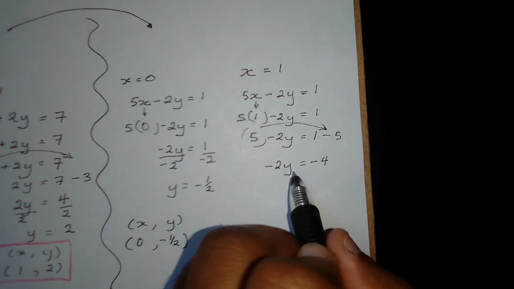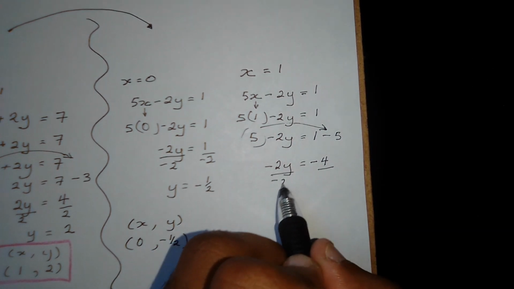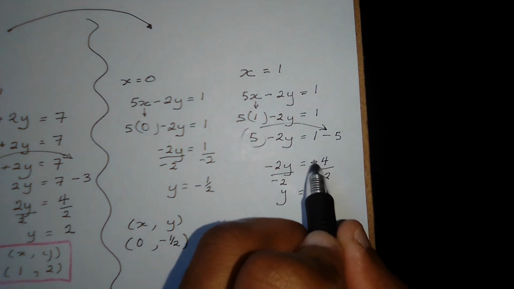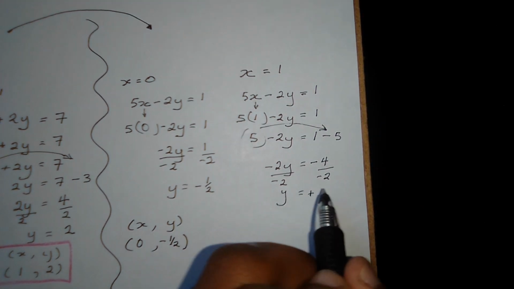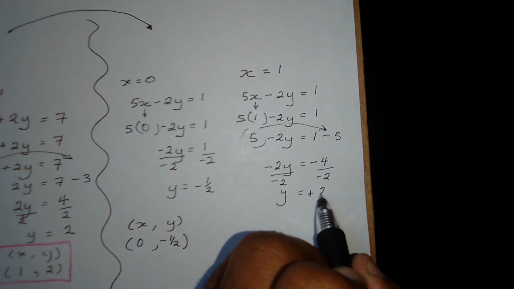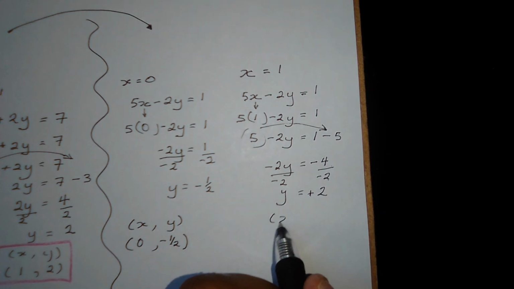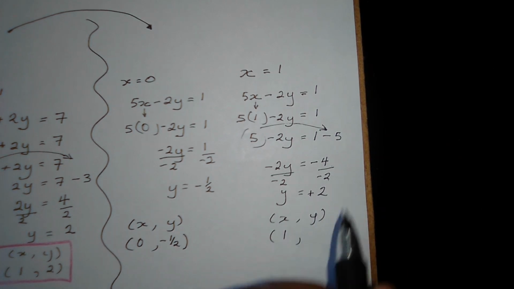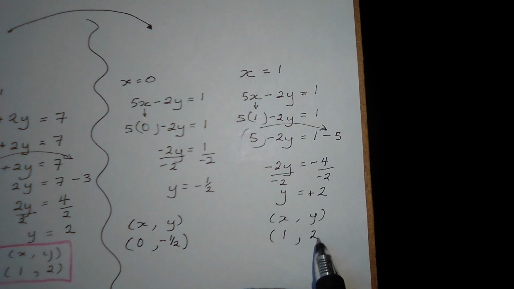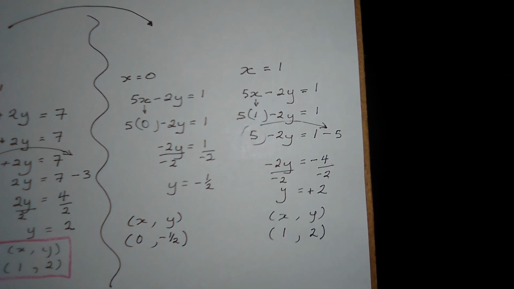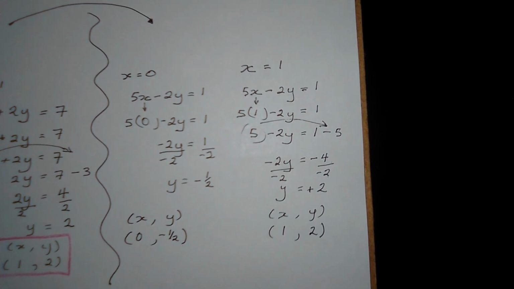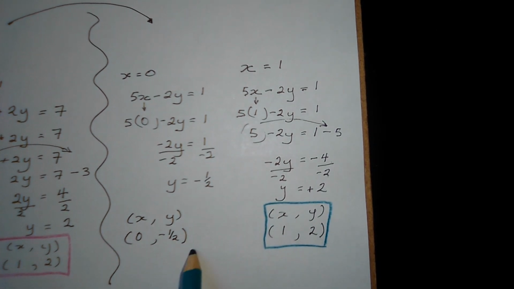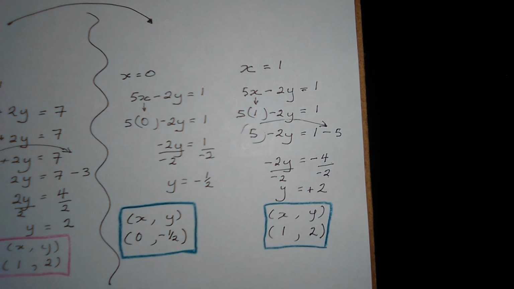And then now I'm going to divide both sides by negative 2. So y is going to be, negative divided by negative is going to give us a positive. 4 divided by 2 is going to be 2. Awesome. So my coordinates, x and y, x was 1 and y was 2. Great. So I'm going to put this into a different color. And these 2 points are what we're going to be using to create the graph of this line.